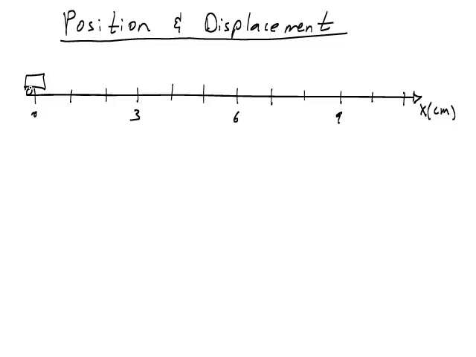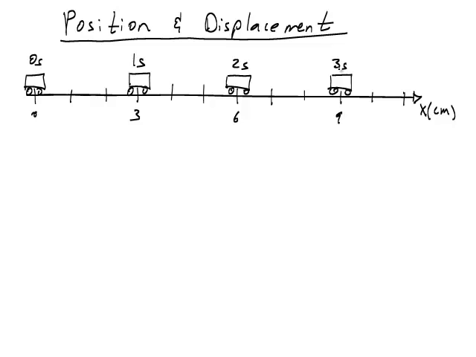Maybe at 0 seconds, my robot's at the origin, and at 1 second, it's at 3 centimeters, and then another second later, maybe it's at 6 centimeters. And then at 3 seconds, it's at 9 centimeters.